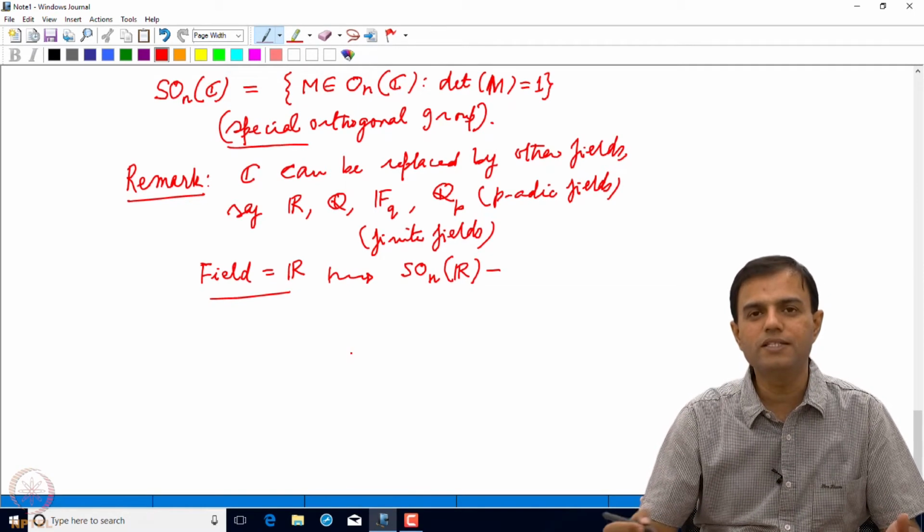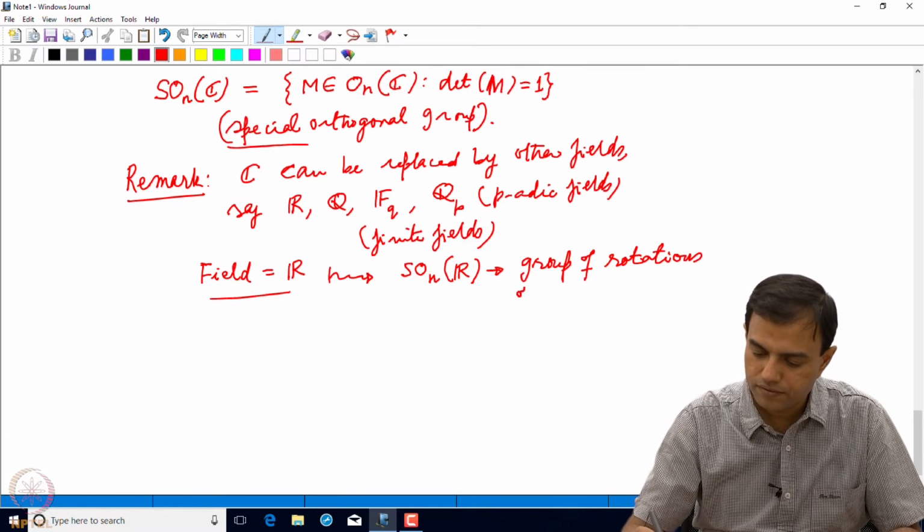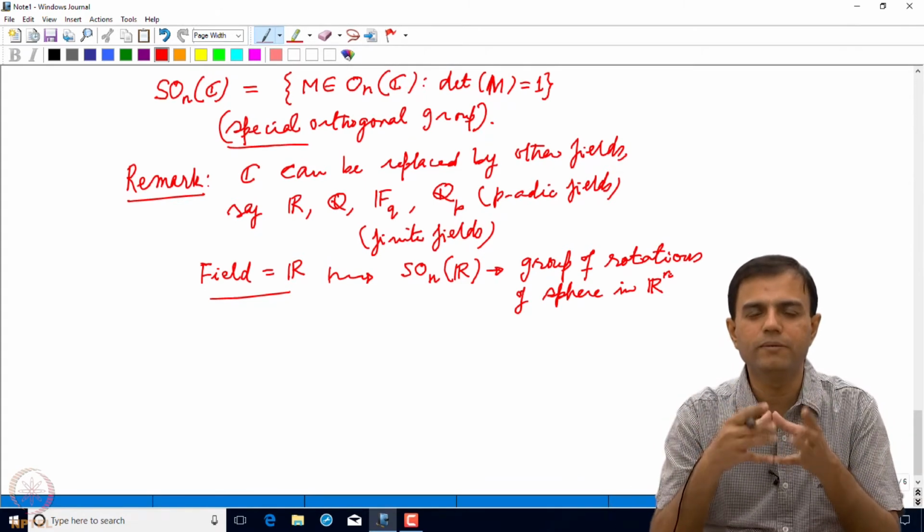You can see this geometrically, and it occurs as the group of rotations of the sphere in Rn. So what is the sphere in R3? The usual sphere that we imagine.